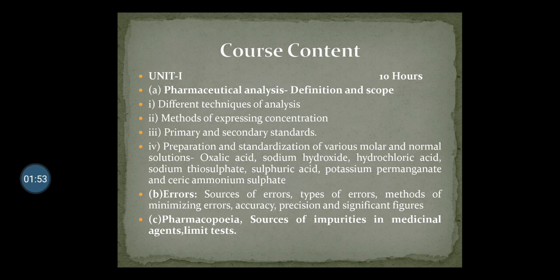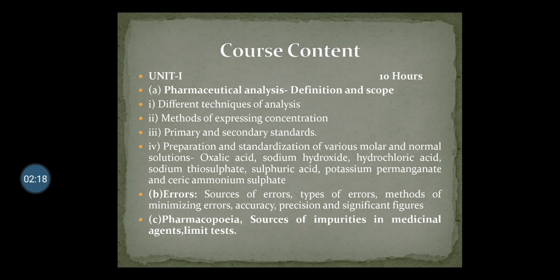The course content of pharmaceutical analysis 1 is basically divided into 5 units. Unit 1 has 3 sub-chapters, the first being pharmaceutical analysis. In this, we are going to study the definition and scope of pharmaceutical analysis.